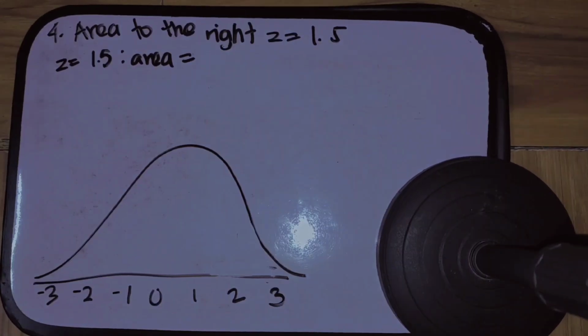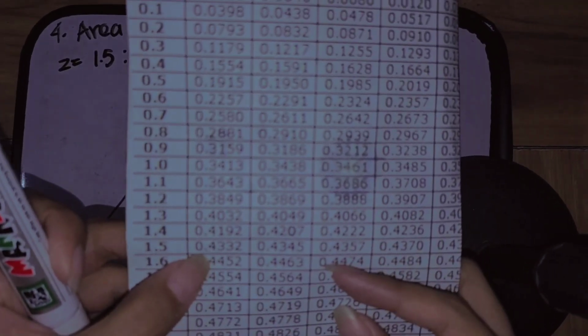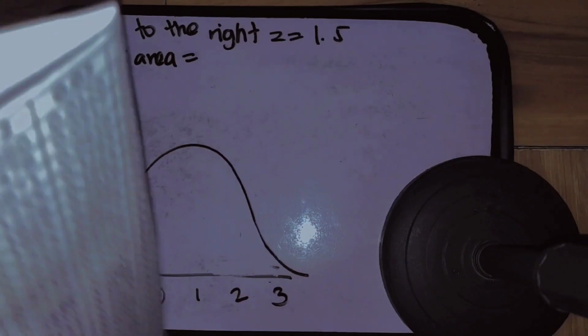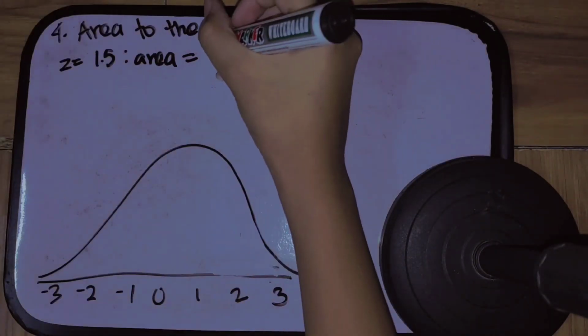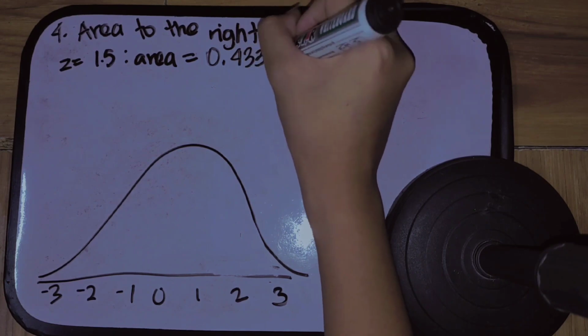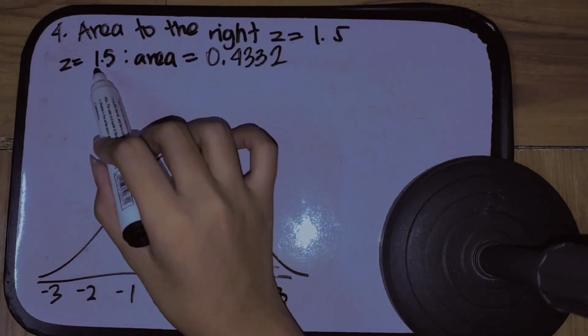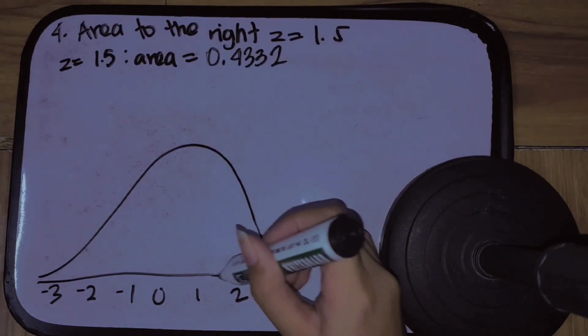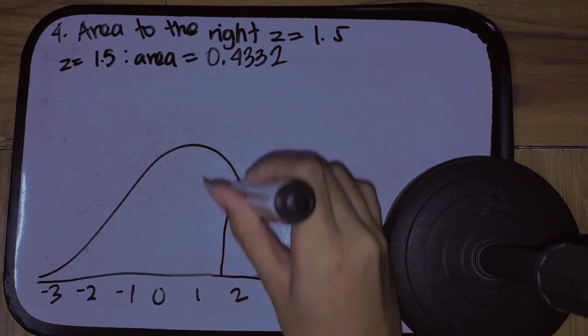And for our fourth activity, area to the right, z-score equals 1.5. So, hanapin ulit natin sa z-table ang value ng area. So, 1.5, 0.4332. Kunin natin ang shaded part. So, 1.5. Ito.